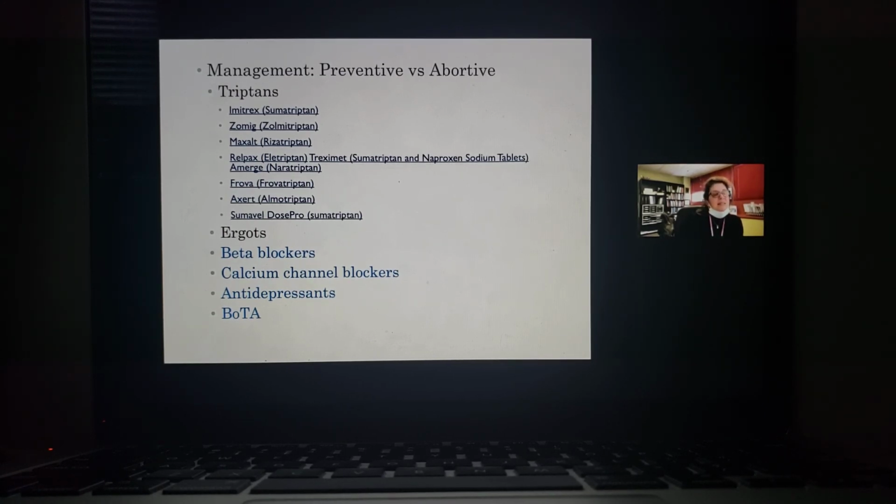Triptans are limited to 2 tablets a day, and they don't want individuals taking them more than 3 days in a row. Why? Because they increase the risk for cardiovascular events. So if you have a patient who says in the medical history, yeah, I take this as needed, and I pop the 6 or the 9 that I receive in 1 week, it's not good.